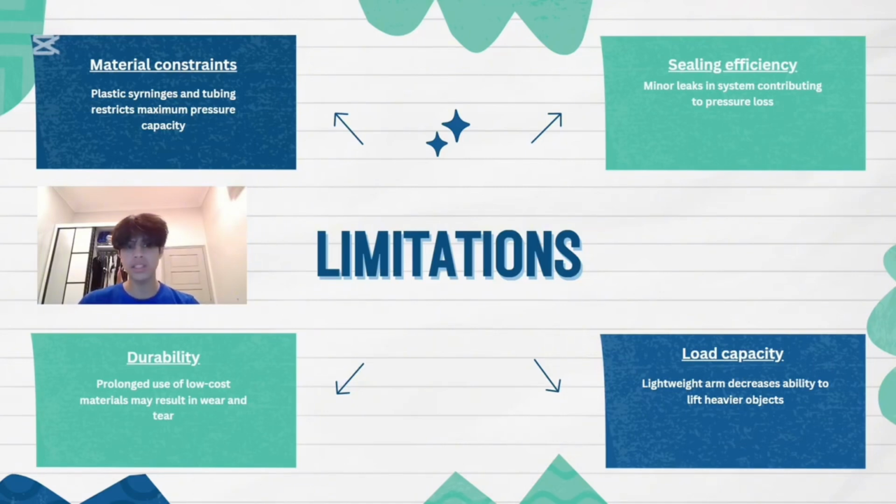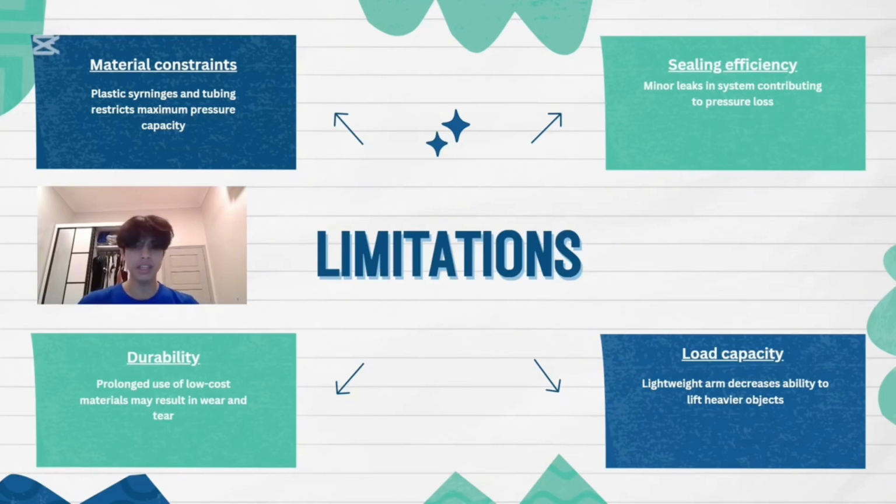The plastic syringes and tubing restrict the maximum pressure capacity, leading to efficiency losses at around 200 kilopascals. The restriction of the maximum pressure capacity causes the proneness to leakages and a lot of other issues for the structure.